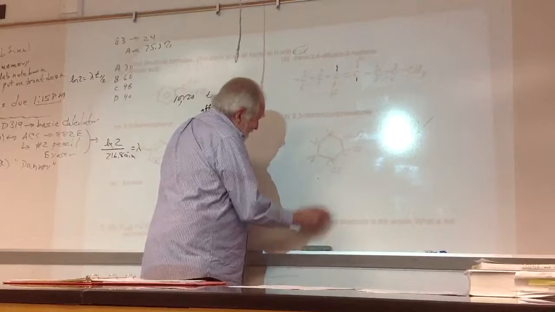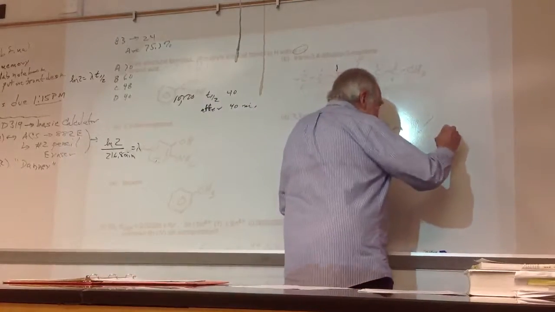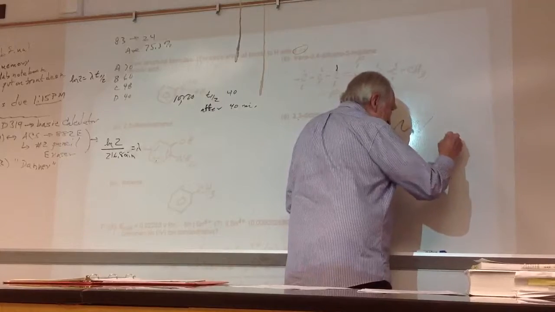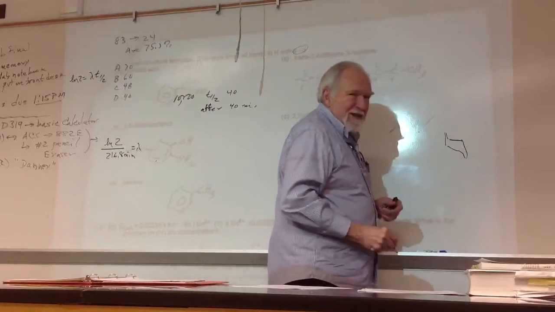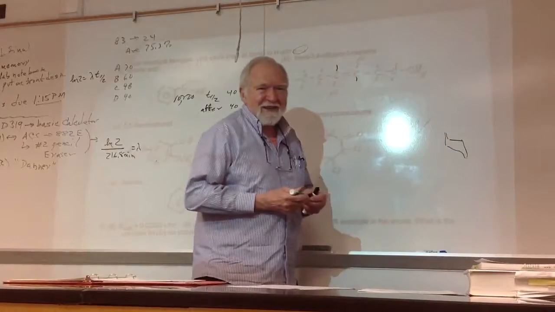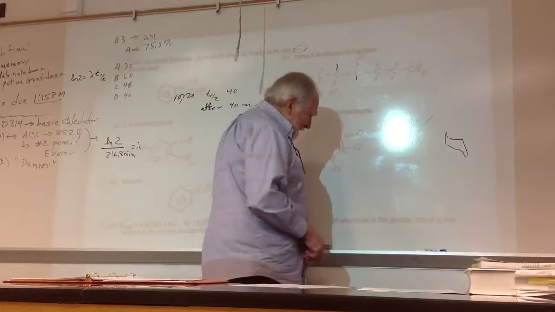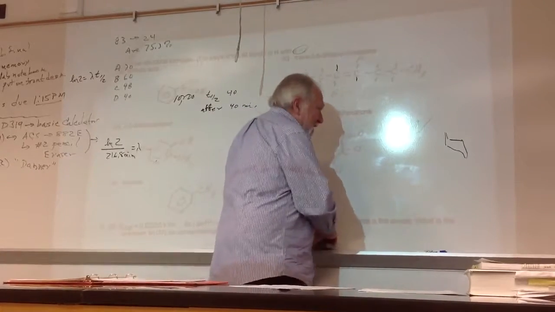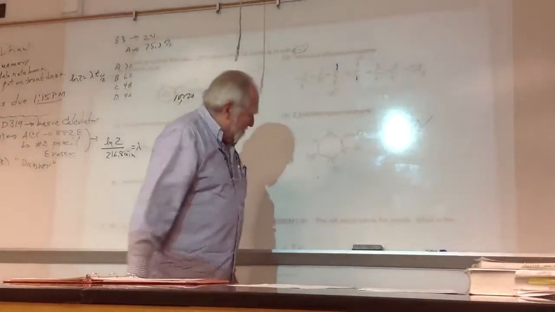One of these years, maybe they do chair forms and everything. I think they still have to show the bonds, because they talk about eclipsed and staggered and all that. I'm not worried about that.